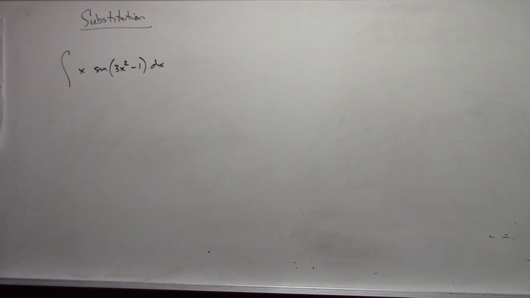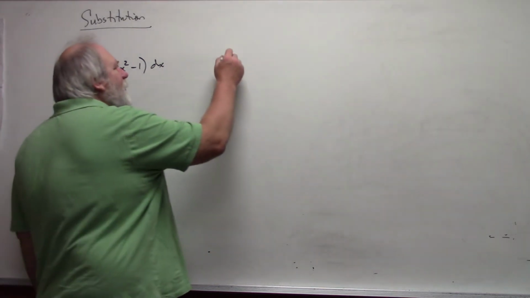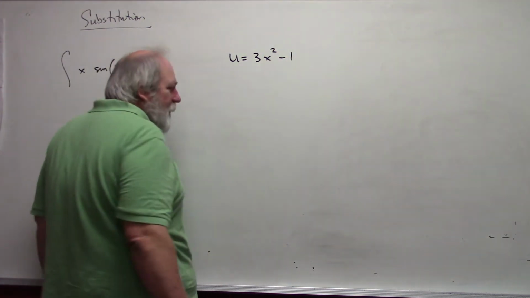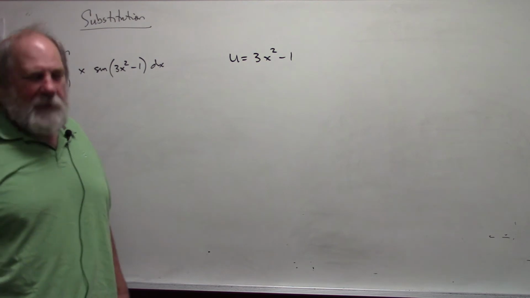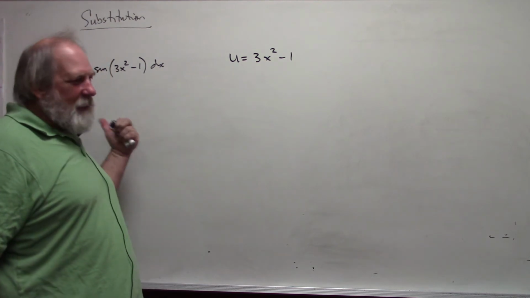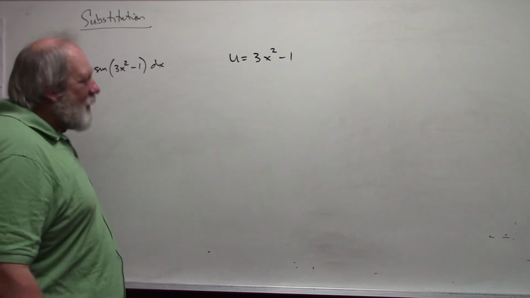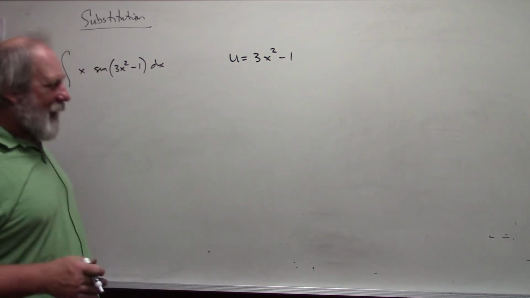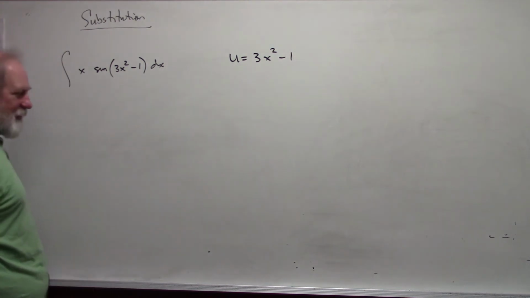Now, again, we're thinking in terms of undoing a composition. And so in this case, my u is 3x squared minus 1. Basically, you pick something for u whose derivative is also in the problem. We need a piece of the integrand to be u, and its derivative, du, also has to be part of the problem.